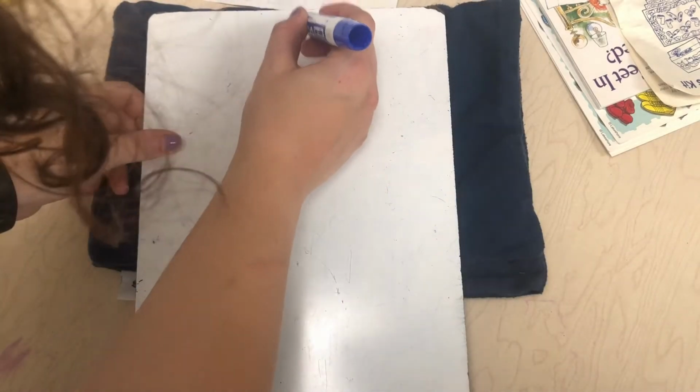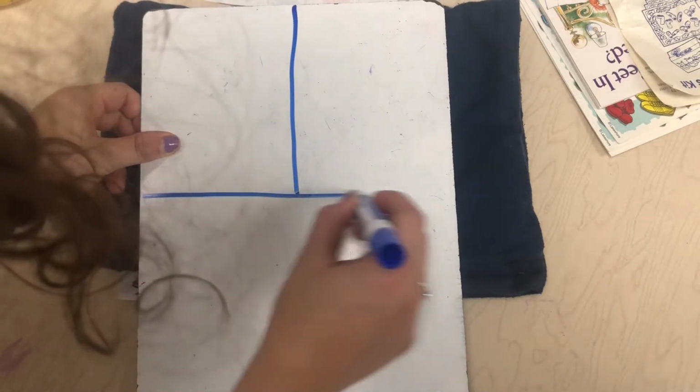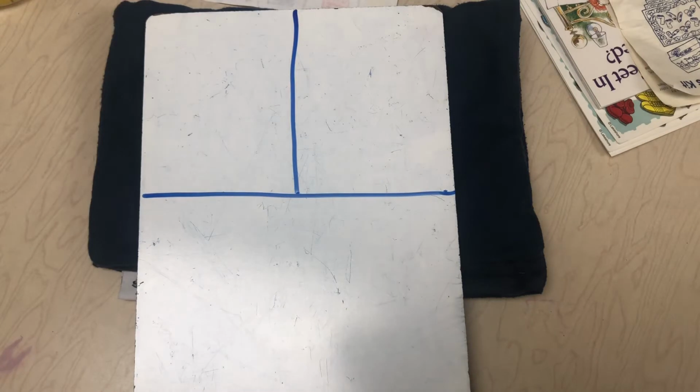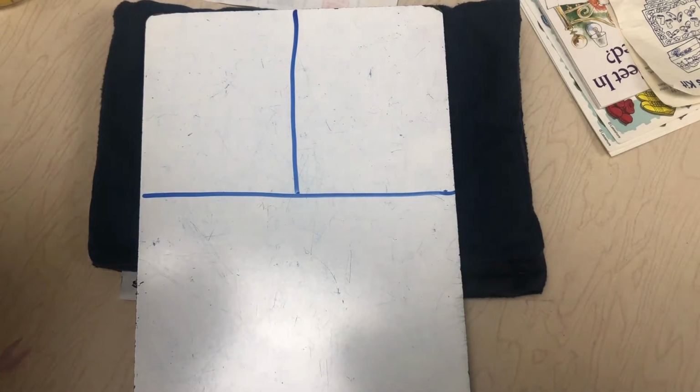Okay everyone, welcome to day 6 of math. We are going to start with our math journal. So we're going to start by making our T-chart. Our number focus today is going to be 78.